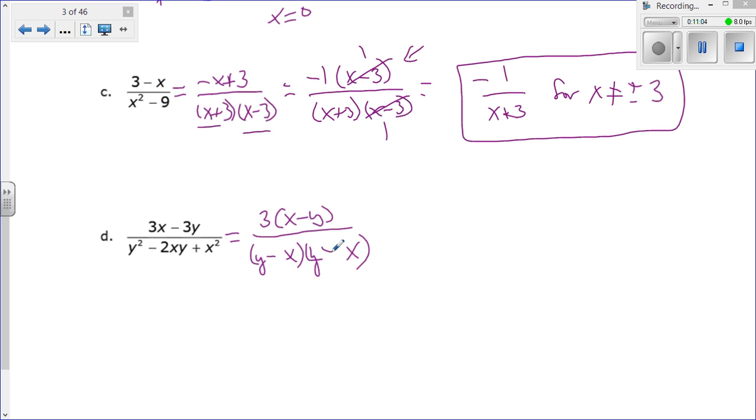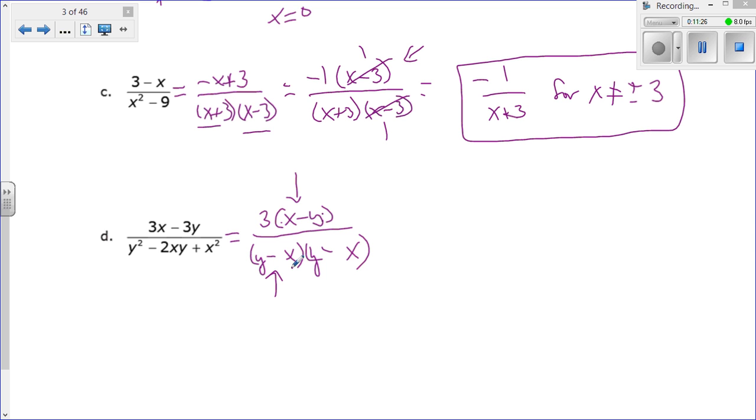However, if I look very carefully here, with this and just one of those, x minus y is the exact opposite. The x and the y have switched places down here, and my sign is negative.